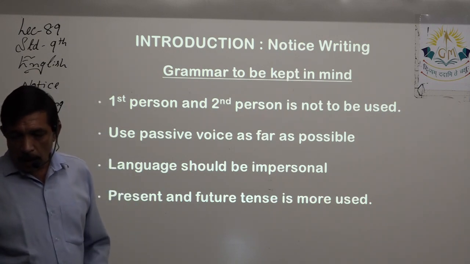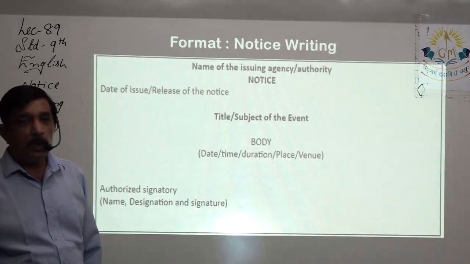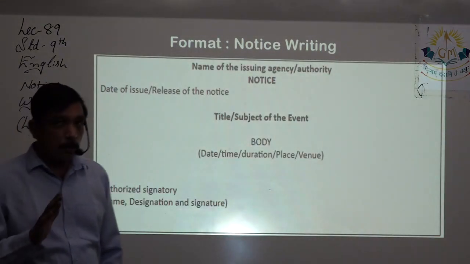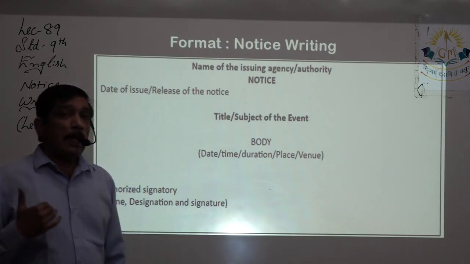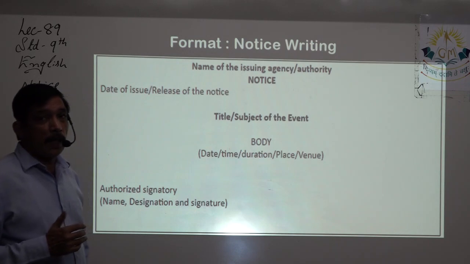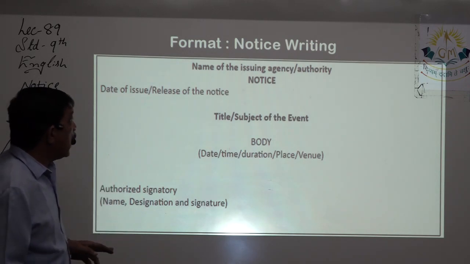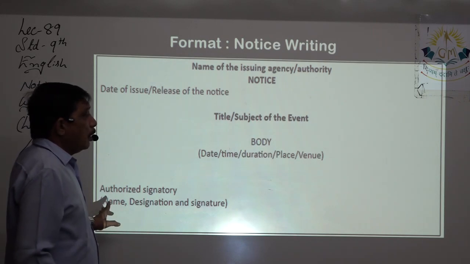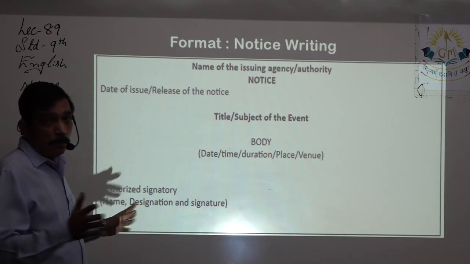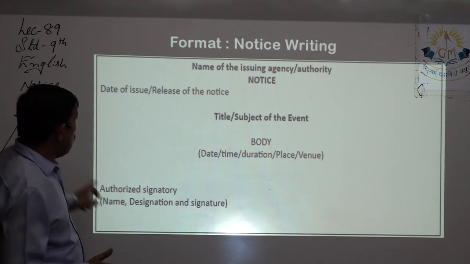Right? Now, just let us take a small view of what is the layout. We are going to discuss it again in the next lecture also. But this is just so that we can at least understand the layout of the notice. As you see, I have kept quite a big page, right?